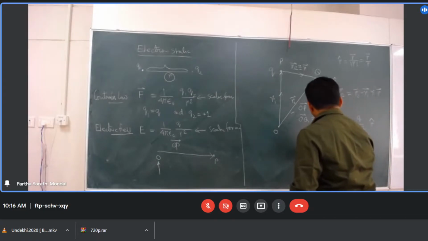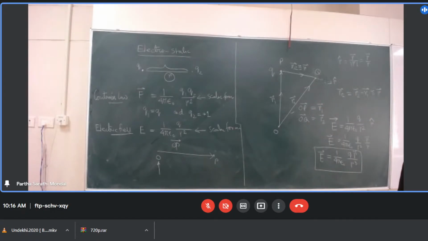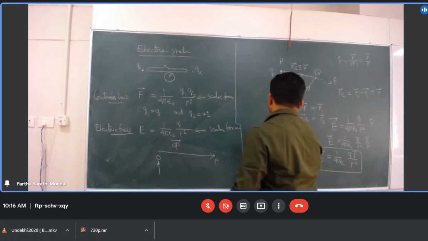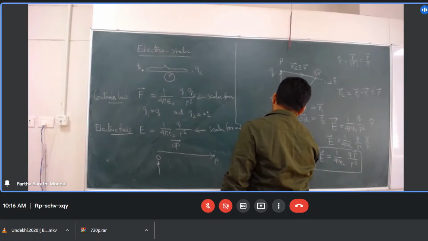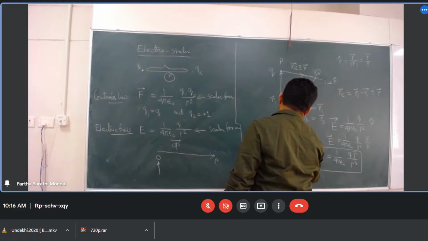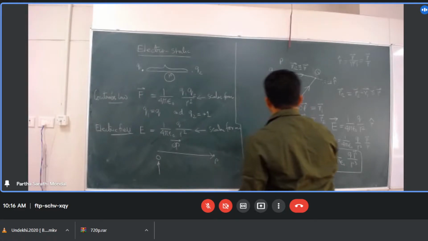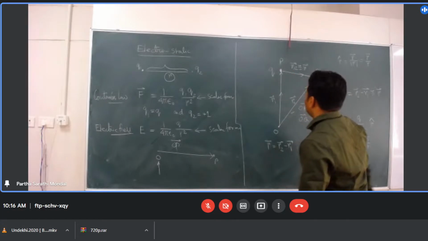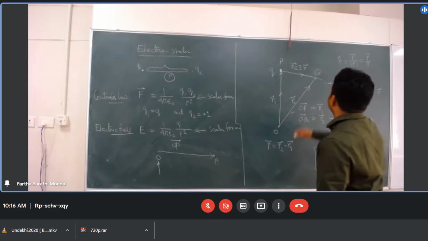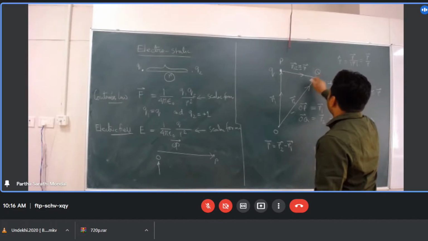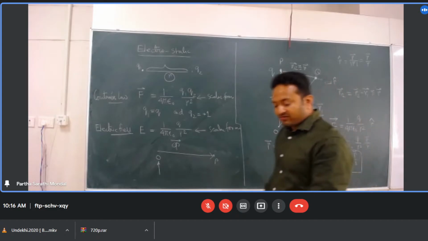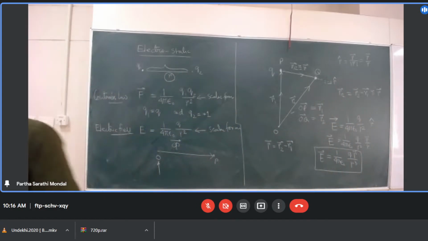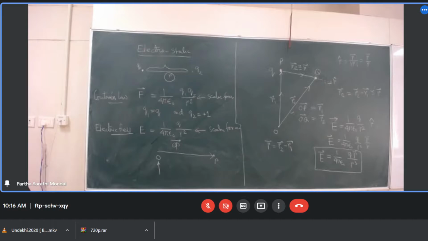Basically, you can express the electric field, where R equal to R2 minus R1, and where R1 is the position vector of the charge Q, and R2 is the point at which you are interested to find out the electric field. समझ में आया? Yes, sir. Very simple thing.